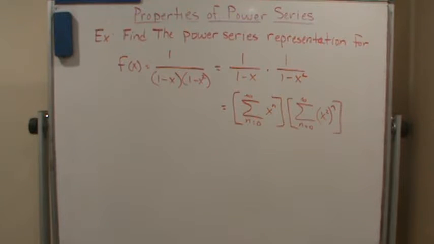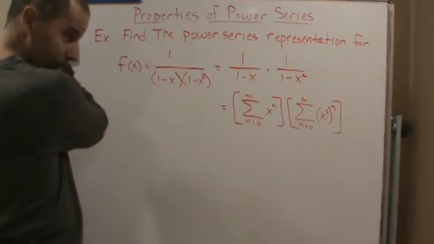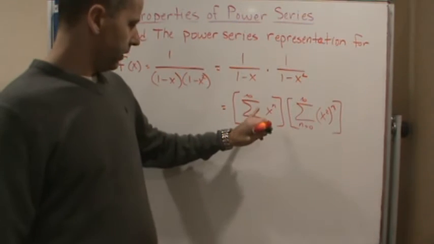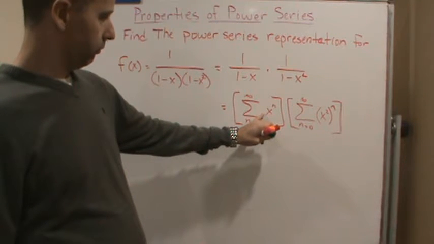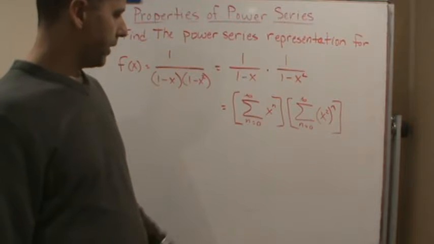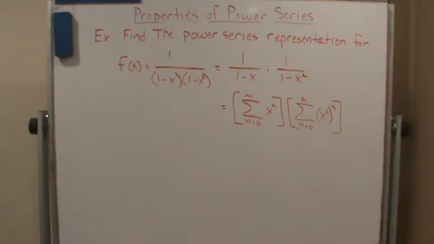Okay, so how do we represent this? We know E sub n is, we take the coefficient of this, which is 1, right? And so how is that going to help us? Well, in this case here, we need to multiply the two together.